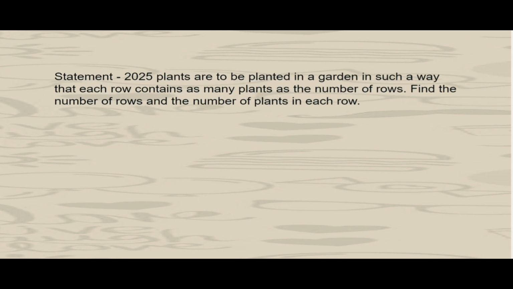Now, let us move on to our next question. Our statement says 2025 plants are to be planted in a garden in such a way that each row contains as many plants as the number of rows. Find the number of rows and the number of plants in each row.